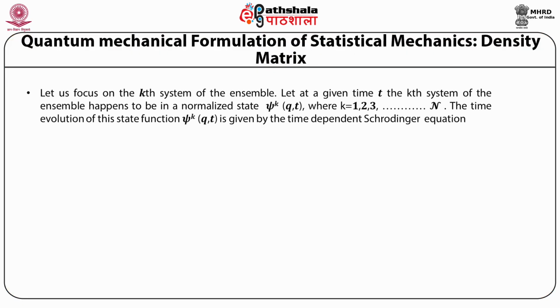Therefore, ψ as a function of q and t describes an equivalent of a phase point in phase space of a classical system. Let us focus on the kth system of the ensemble. Let at a given time t, the kth system of the ensemble happen to be in a normalized state ψ_k(q,t), where k is equal to 1, 2, 3 and so on up to N, the total number of systems in the ensemble.